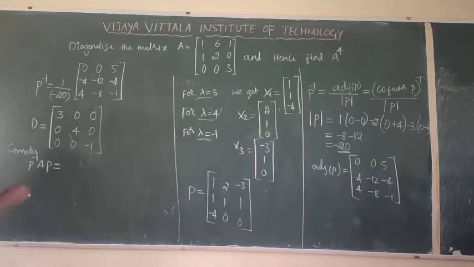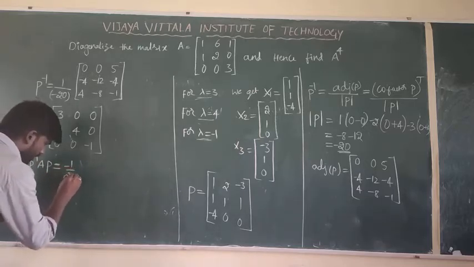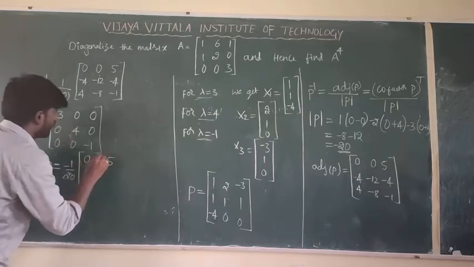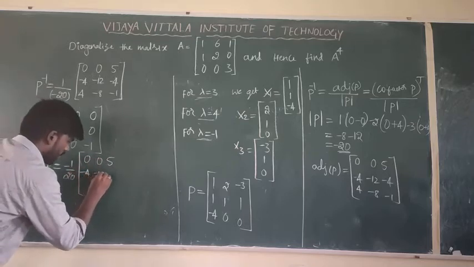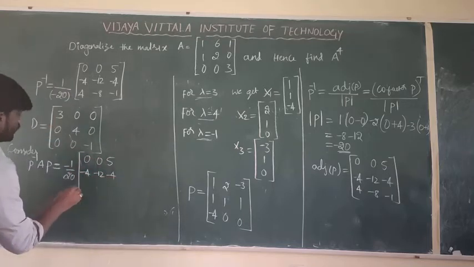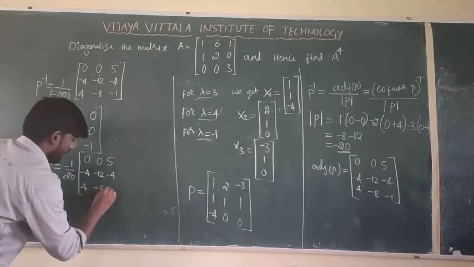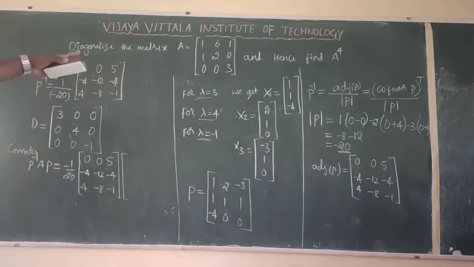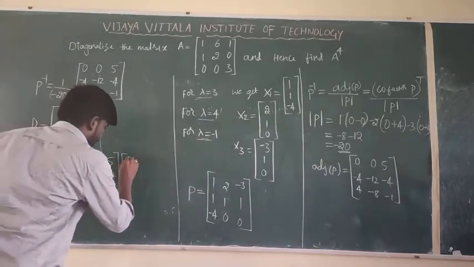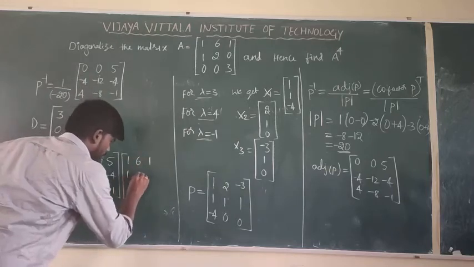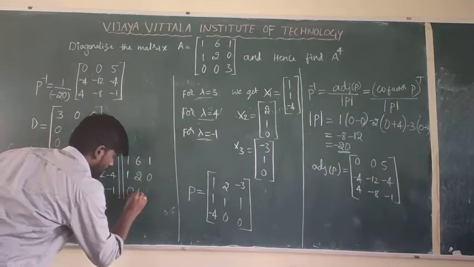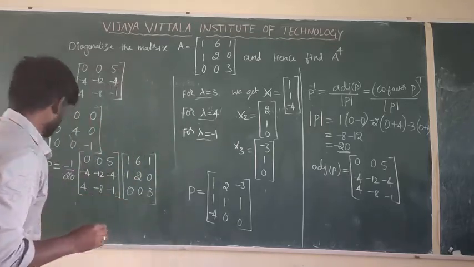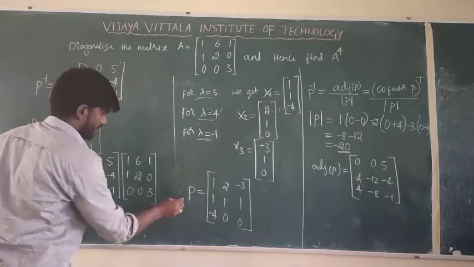P inverse is minus 1 by 20 into 0, 0, 5, minus 4, minus 12, minus 4, 4, minus 8, minus 1. A is the given matrix from the question: 1, 6, 1, 1, 2, 0 and 0, 0, 3. And the matrix P is here.